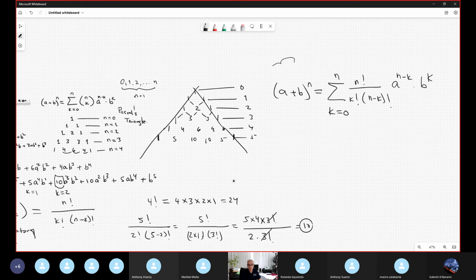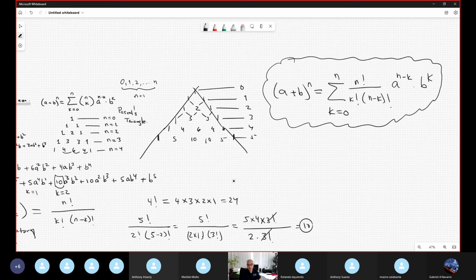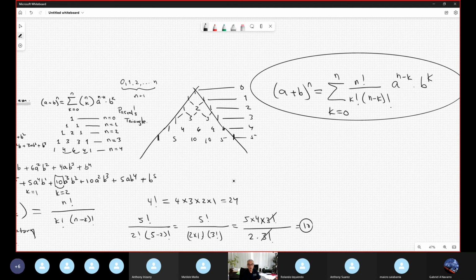Bang. And this is the formula that Newton discovered when he was 22 years old.